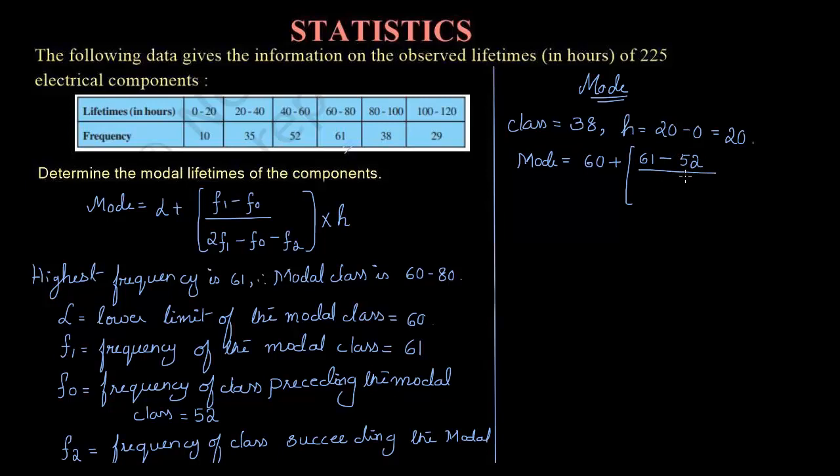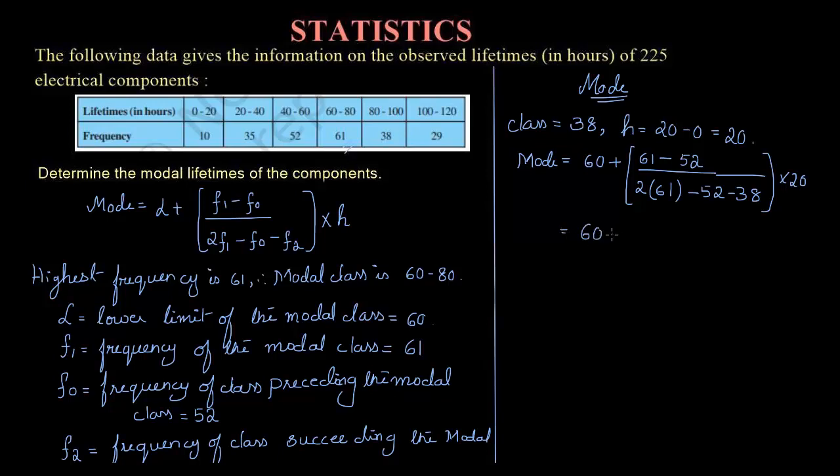Then we divide by 2F1, which is 2 into 61, minus F0 again 52, minus F2. What is the value of F2 here? We have F2 38. Then everything in bracket into H. What is H for this problem? It is 20, right? Then we'll simplify this.